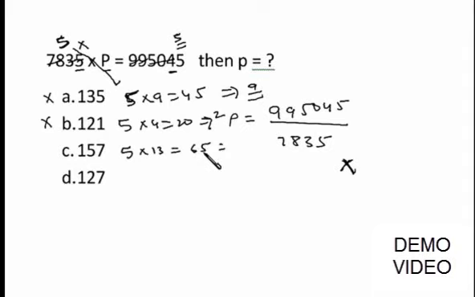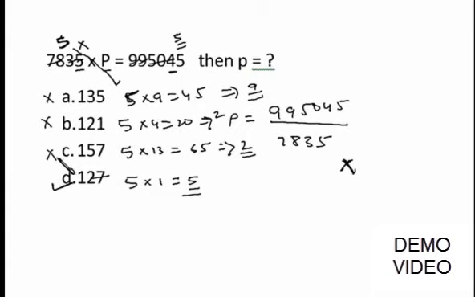That is 6 plus 5 is 11, that is 2. So the digital sum is 2. So even this is not the correct choice. So the correct choice left with us is 127. 7, 8, 9. Then we are left with 1 only. So 5 into 1 is 5, right? So 127 is the correct choice.